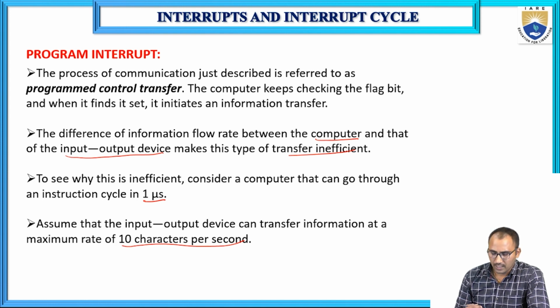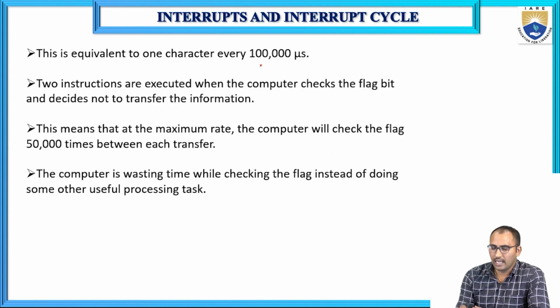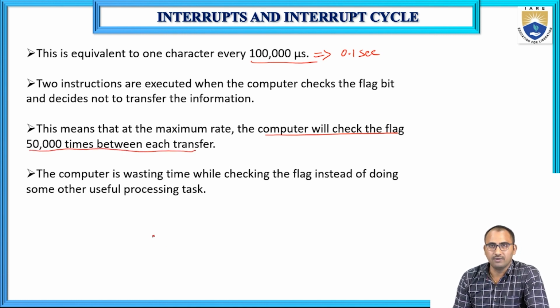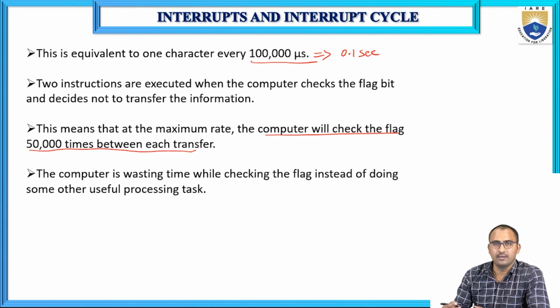That means to transmit 1 character, it requires 1 lakh microseconds, which is equal to 0.1 second. So the computer will check the flag bits 50,000 times between each transfer, because here we are transmitting byte by byte. First we will transmit 1 byte.